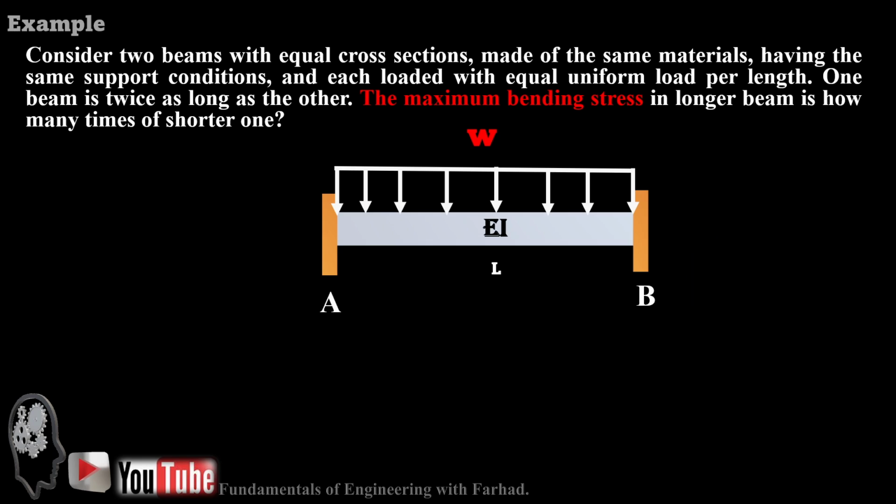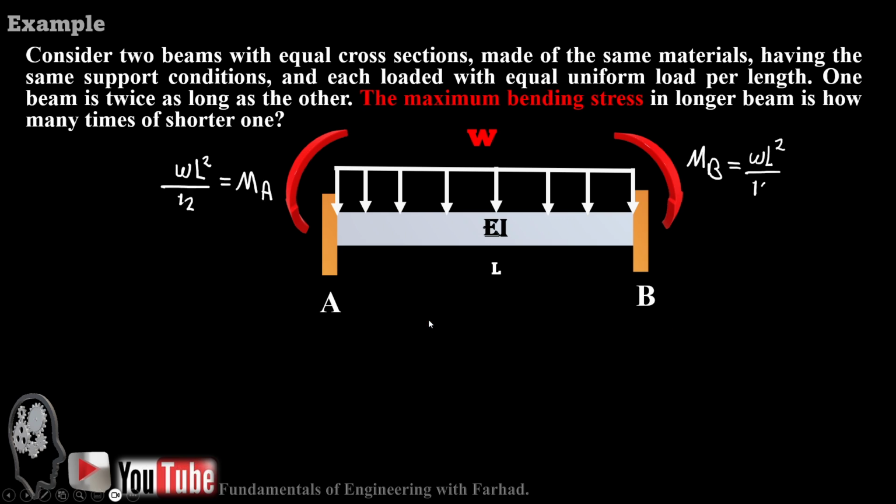So for the first beam, which has fixed supports and a distributed loading of W over the span of L, we have maximum bending moments at the supports, MA and MB, and they are WL squared over 12.